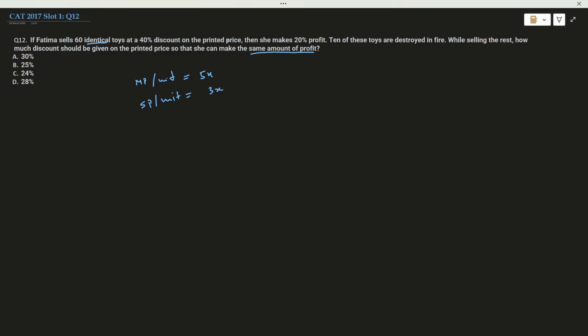3x, and she is making a profit of 20%. So what will be the CP per unit? Since she is making a profit of 20%, 120% of the cost price will be equal to 3x. So the cost price is 5x by 2, so this is 2.5x.